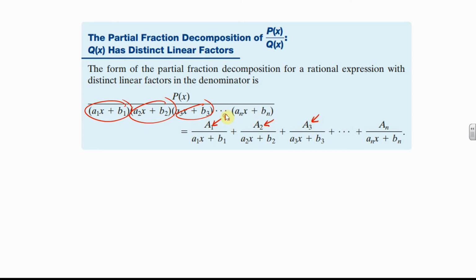We're just going to call them A, B, and C. I call those just generic terms. Those generic terms we want to determine. So that'll be our goal. And notice that each generic term is written over one of these linear factors. That's how we're going to do that. And we do that if these linear factors, that means what's in my denominator, if they are different factors, right?